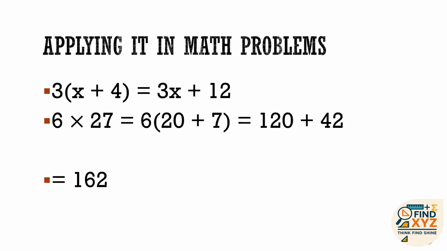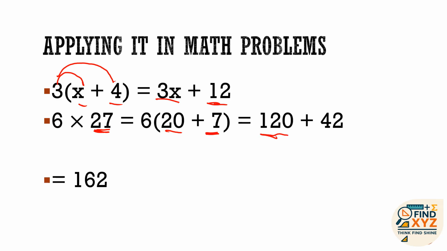How do I apply this in math? Let's look at the first example. So we have 3 multiplying x plus 4. We can distribute: 3 times x will give us 3x, and then 3 times 4 will give us 12. Or when you have 2 numbers multiplying and one of the numbers is very large, so looking at this, 27 is large, we can write 27 as a sum of 2 numbers, which is 20 plus 7, and doing 6 times 20 is easier than just multiplying 6 times 27.